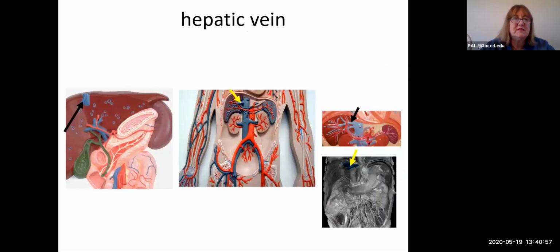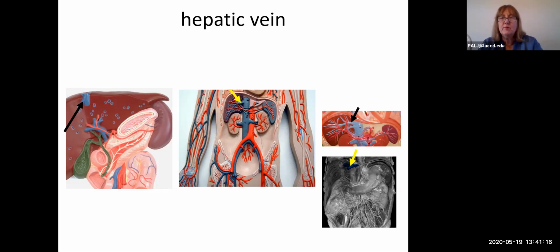The liver will do its thing, and then blood will exit the liver, not down here from the hilum, but from these more superior aspects through the hepatic veins. So anything that you see draining the liver is a hepatic vein.